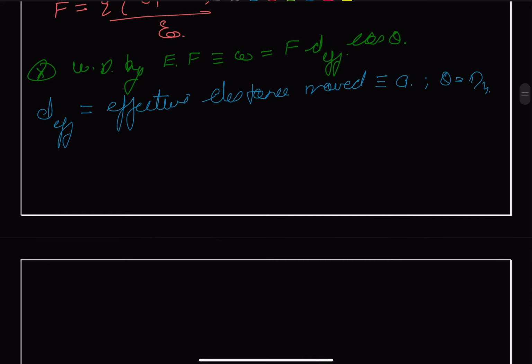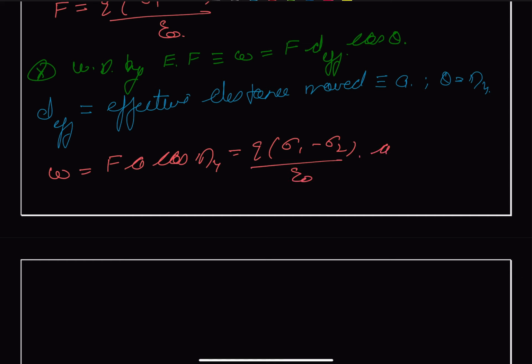Therefore we can write that the work done will be equal to F A cos of pi by 4, and we can easily substitute the value of the force. We get Q times sigma 1 minus sigma 2 upon epsilon naught multiplied by A, and cos pi by 4 is 1 by square root of 2.